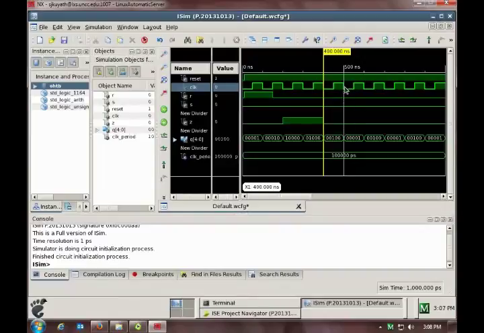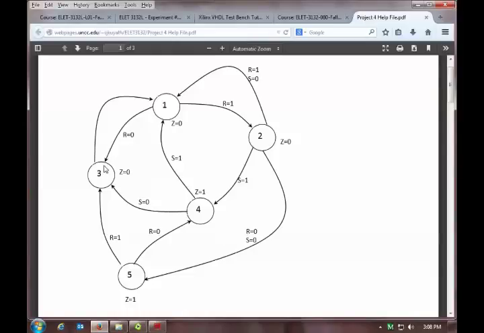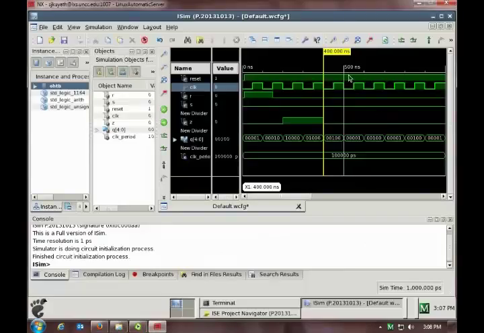Then I go here to 500 nanoseconds, and it doesn't matter what R and S are. It takes us back to state A. So I'm right back to where I started from. Then it starts over again, mainly because I haven't changed anything else.